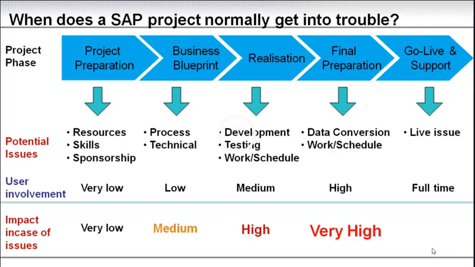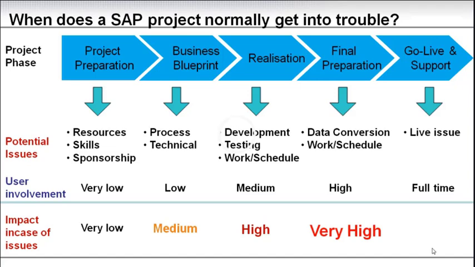So to round things up, let's have a look at when SAP projects normally get into trouble. On the top, we have the project phases: project preparation, business blueprint, realization, final preparation, go live support. Now, the issues that could arise during those phases, we try to list in the second line. In the beginning, it is resources, skills, getting commitment and sponsorship.